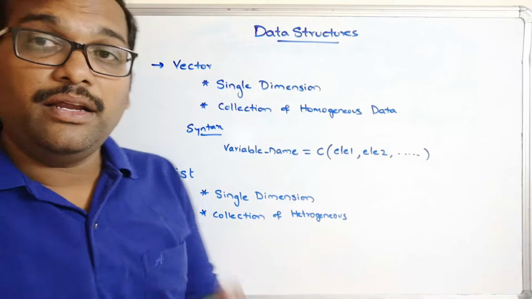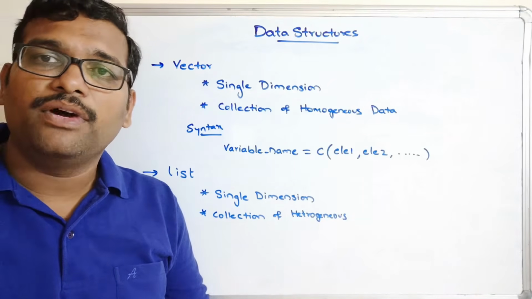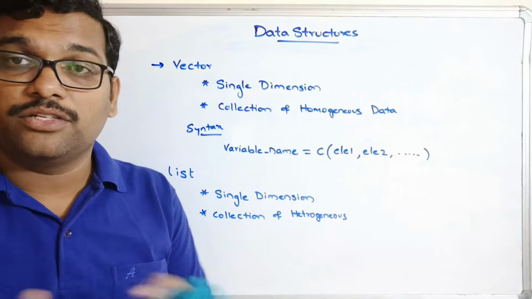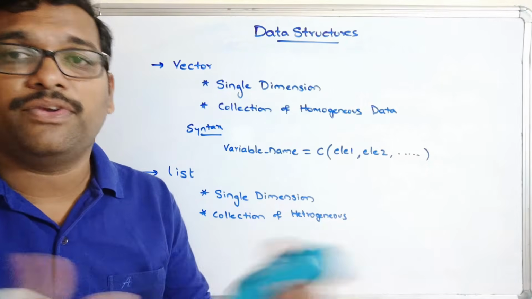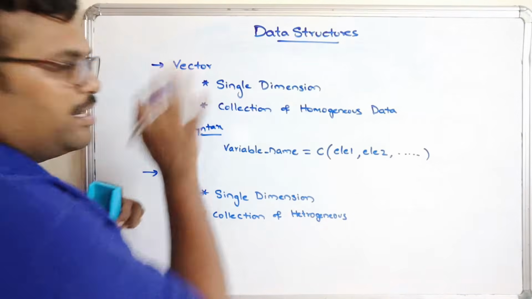That means it is a collection of multiple elements of different data types. So we can store elements of different data types. That's the main difference between list and vector.